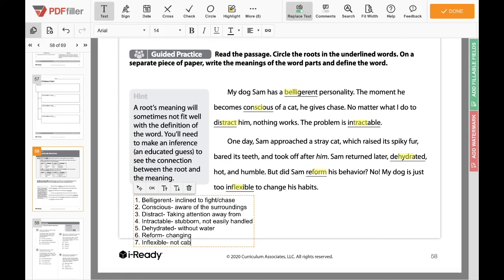So we would say not capable of, and then what? Not capable of. So we're not talking about him actually bending here, right? We're talking about him changing, like we said in reform. We're talking about him changing his behavior. So he's not capable of change, right? It doesn't actually have to do with being bent. It has to do with being able to change his behavior.